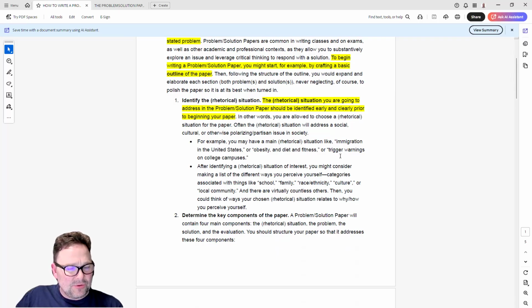to consider how you are perceiving yourself in relation to whatever situation you're going to end up choosing. This is going to become more and more, I think, central to our writing as the semester goes on. I want to see you emerge from your writing.